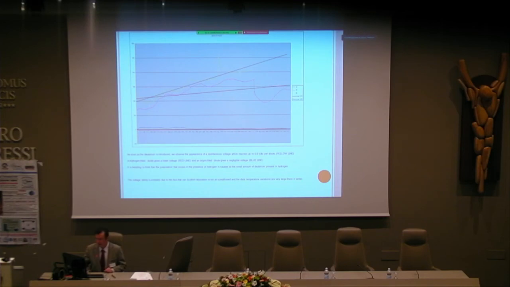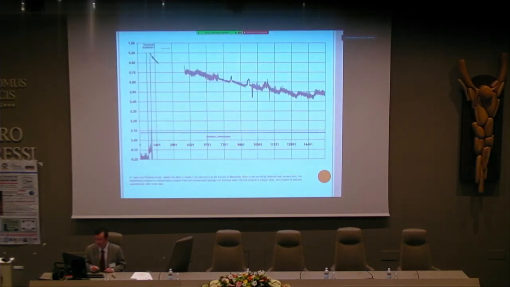And Jean-Paul Biberian, 10 years ago, tested one of our diodes in his lab at the University of Luminy. There is a quick decrease, but it seems that the voltage stabilized during some days.